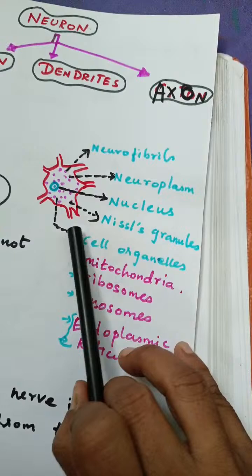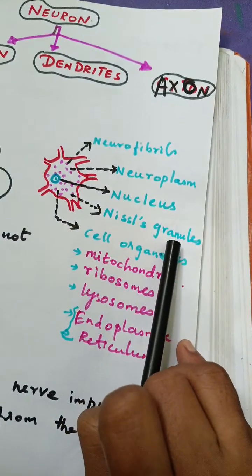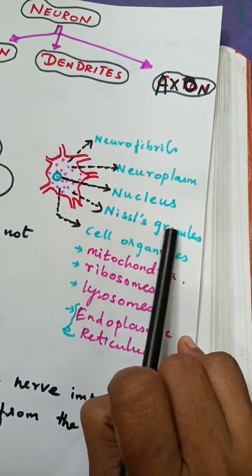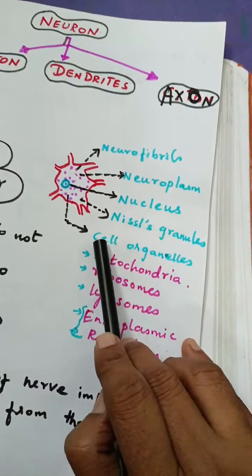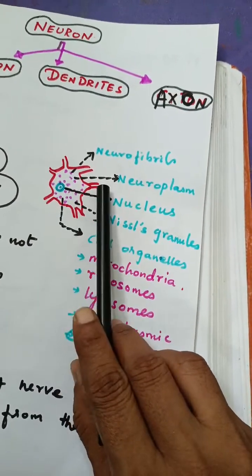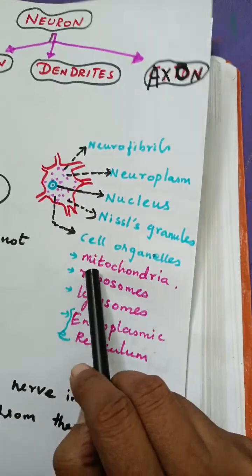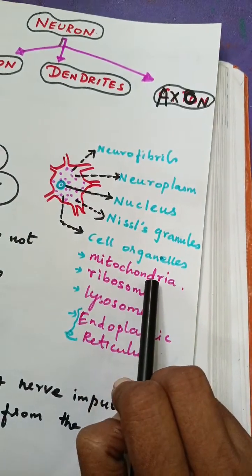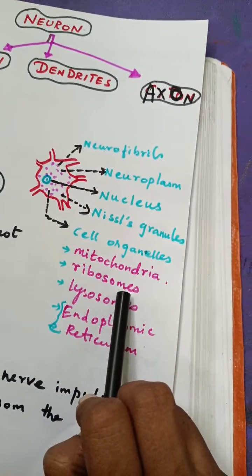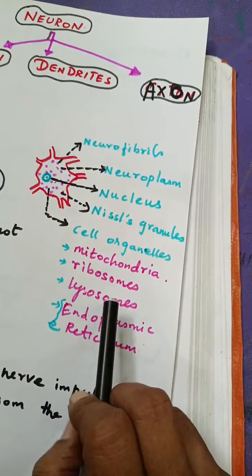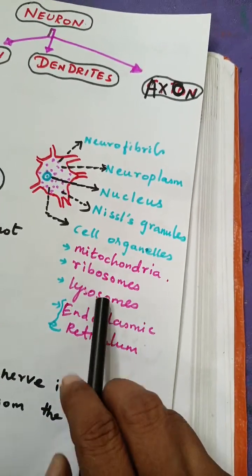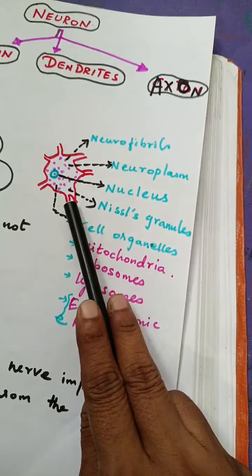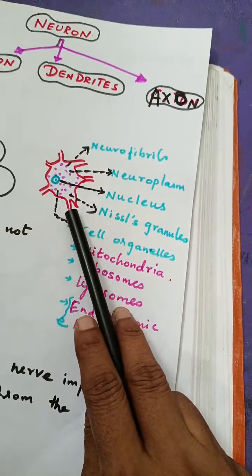Apart from that, the cell body also has some granules inside it, known as the Nissl granules. And as usual, all living cells have cell organelles, like mitochondria, the powerhouse of the cell, ribosomes, lysosomes, and endoplasmic reticulum. All are also present in the cyton or the cell body of the neuron.